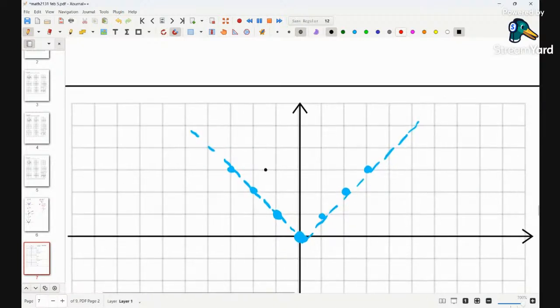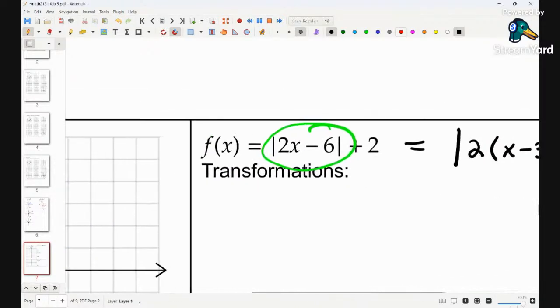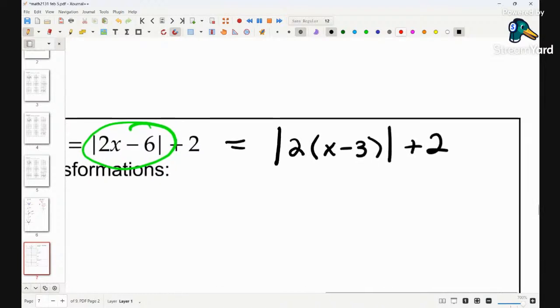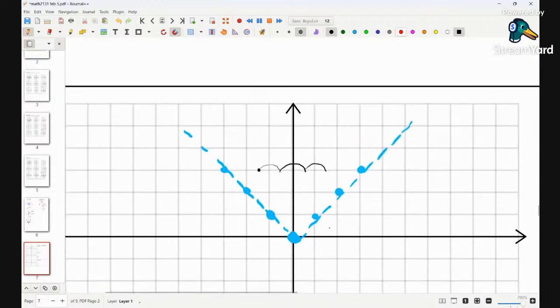So I got my pencil hovering here. Now I'm going to go 1, 2, 3 units to the right. I'm hovering my pencil. I'm just showing you my marks. I'm going to erase them in a second. And then up 2. Up 1, up 2. That's my final positioning.